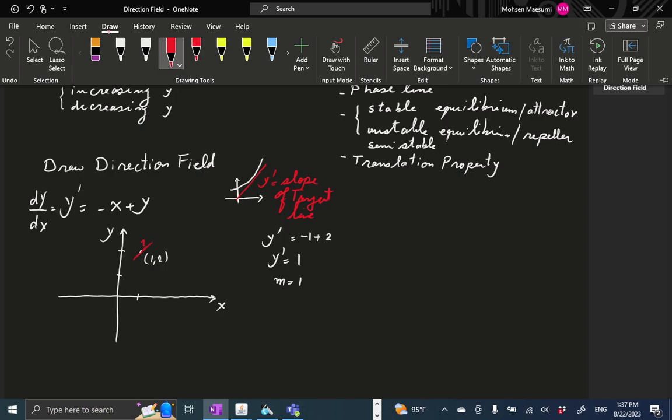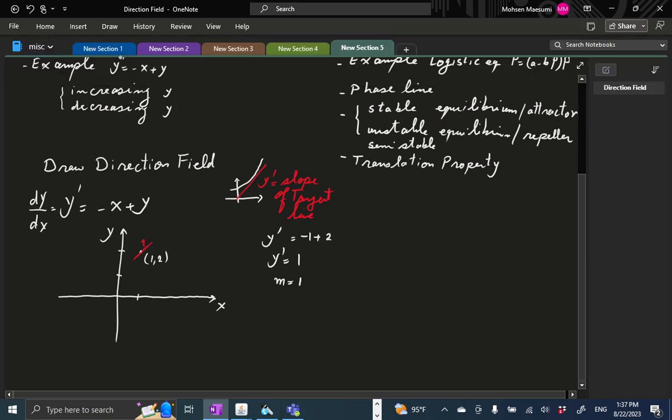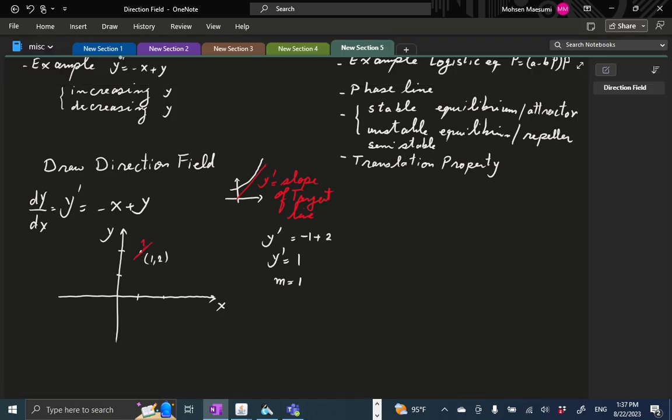So let's try, just for good measure, another point. Say suppose I am at the point 1.5 and 3.